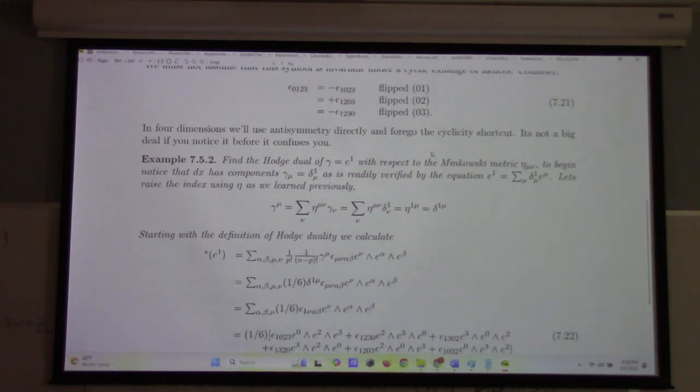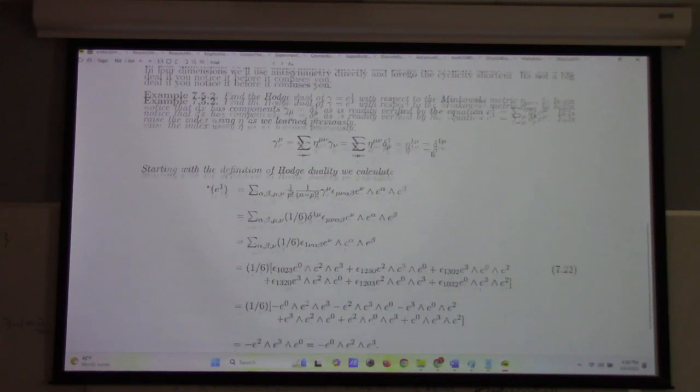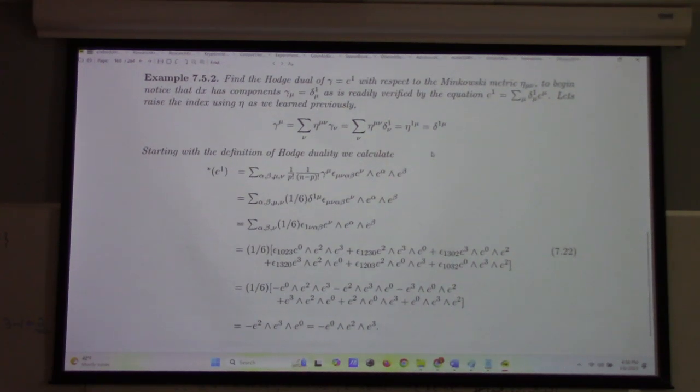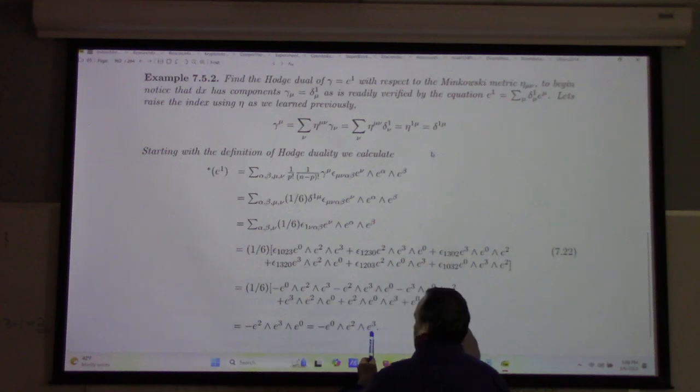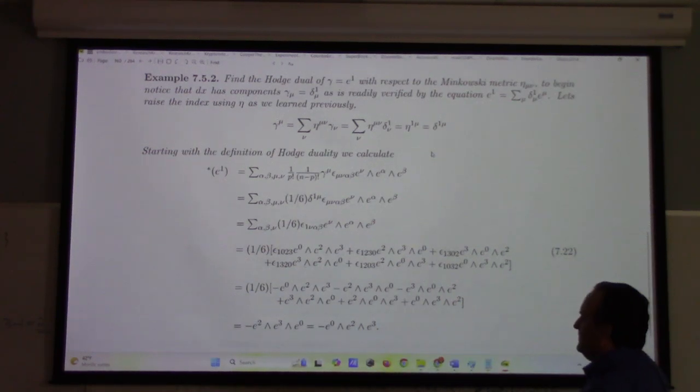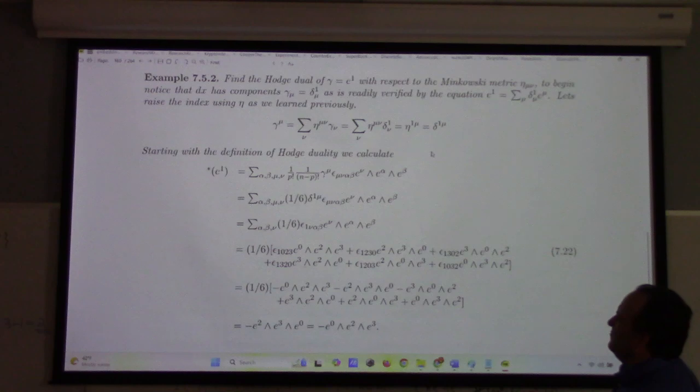But anyway, after some suffering, I work out that the Hodge dual of e^1 is minus e^0 wedge e^2 wedge e^3. That seems to be opposite my rule I just told you guys, because there's no 0 in e^1. Did I? Well, yeah, the minus is from the metric.